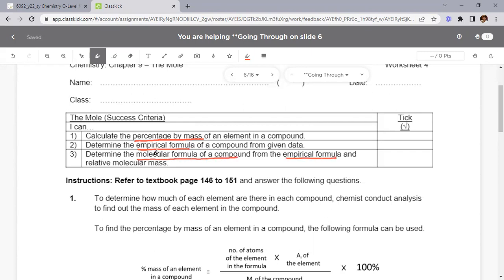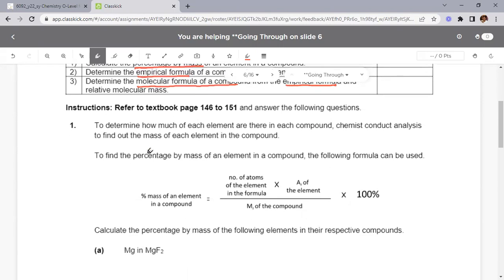Let's do the simpler one first, how to find the percentage by mass of an element in a compound. To determine how much of each element there is in the compound, chemists conduct analysis to find out the mass of each element in the compound. So we use mass to find out the amount of each element in the compound. The term that we use is percentage by mass.